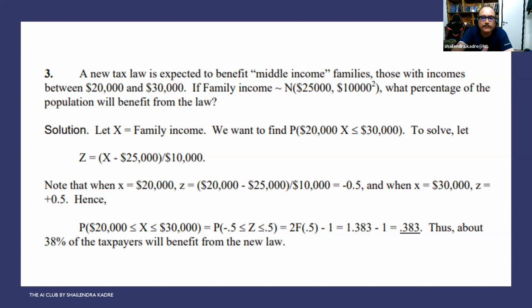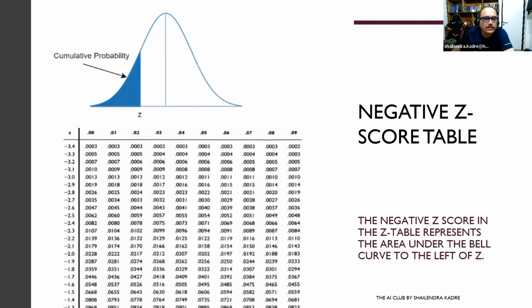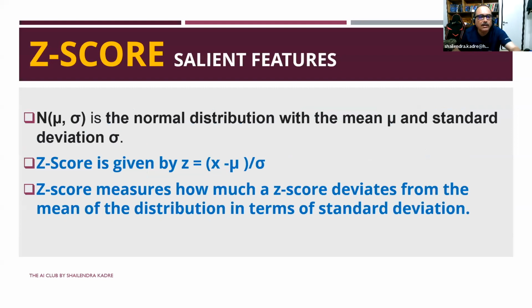Now it is giving a normal distribution. The normal distribution is always represented as I showed you here: N in brackets, mu comma sigma. Mu is the mean and sigma is the standard deviation.